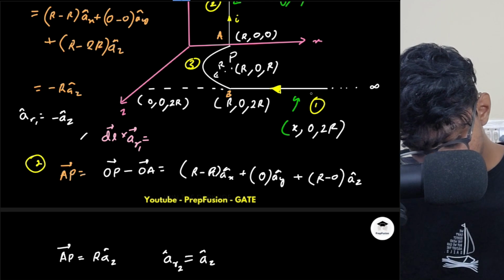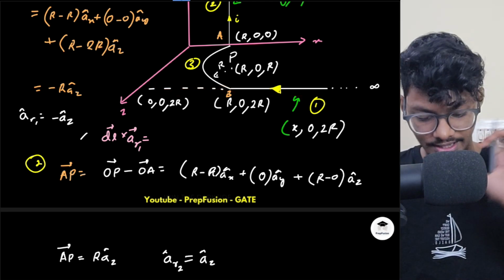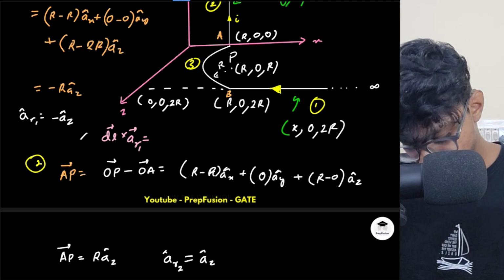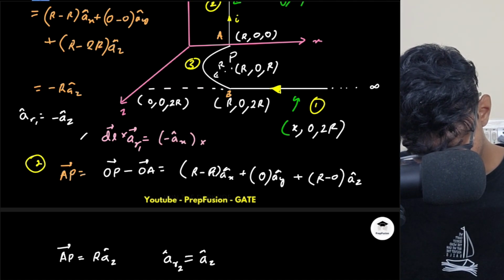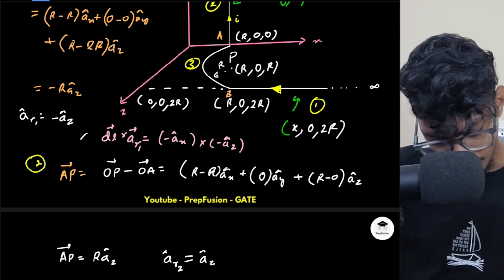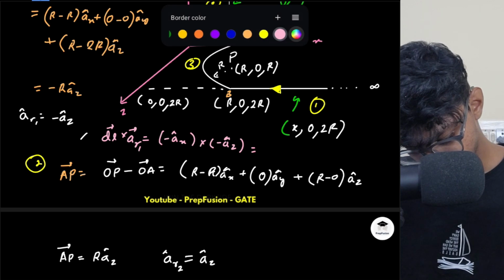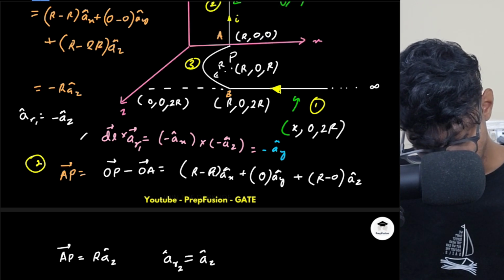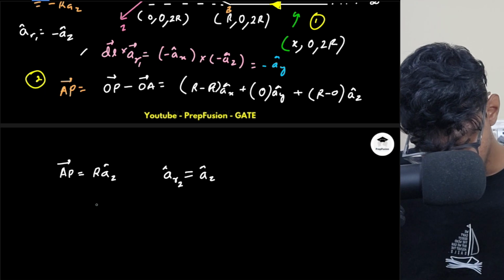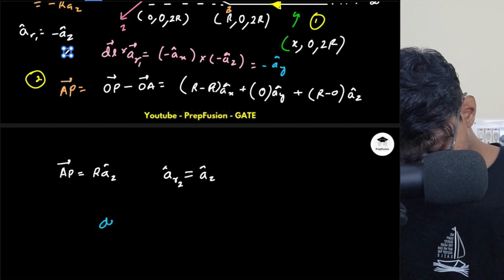Okay, dl for this case is what direction? It is in the negative x direction, right? So this will be minus ax cap cross minus az cap, or ax cross az. This will be equal to minus ay cap. What about this case? Here again, this is the direction of the magnetic field.